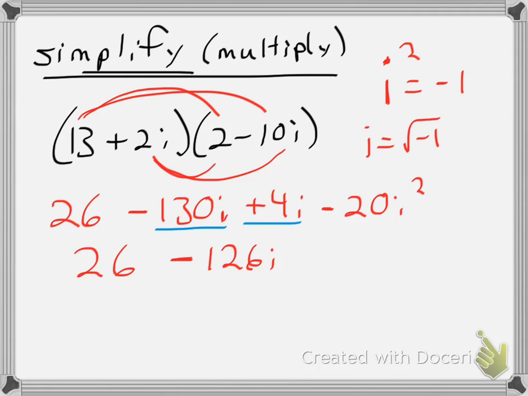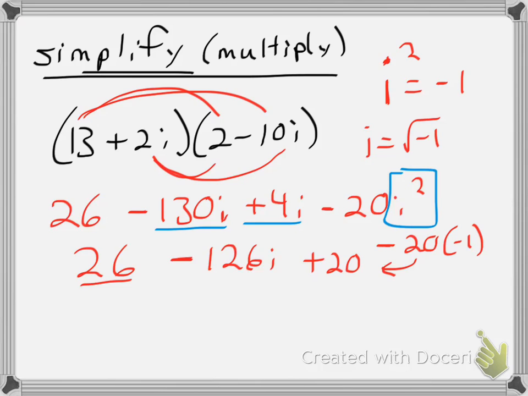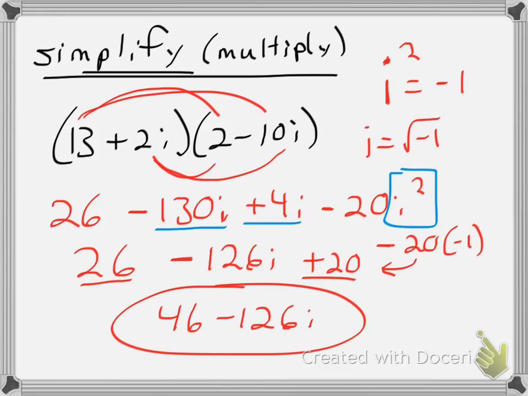Whenever we see an i squared, we substitute with a negative 1. So this is really saying negative 20 times negative 1, which would in turn make it a positive 20, because again, negative times negative makes it positive. Now I can combine my 26 and 20 as they are like terms now, and I'll come out with an answer of 46 minus 126i. And this would be my final answer.